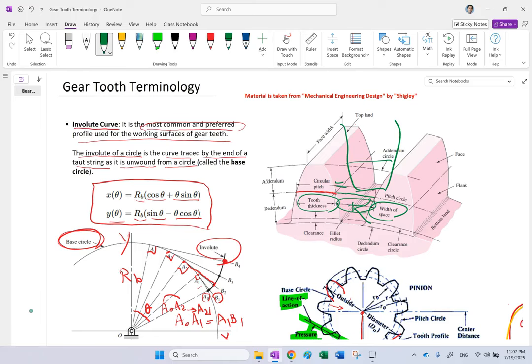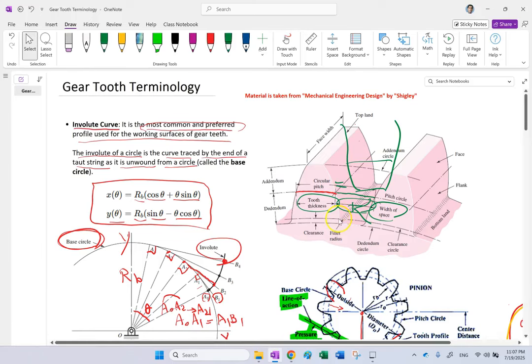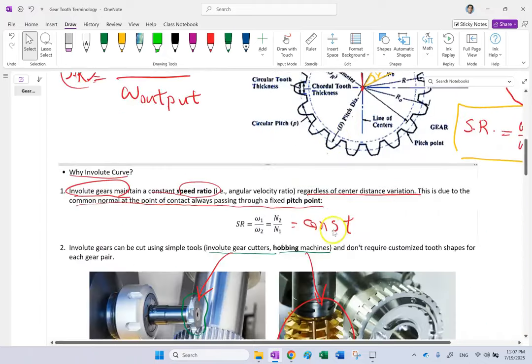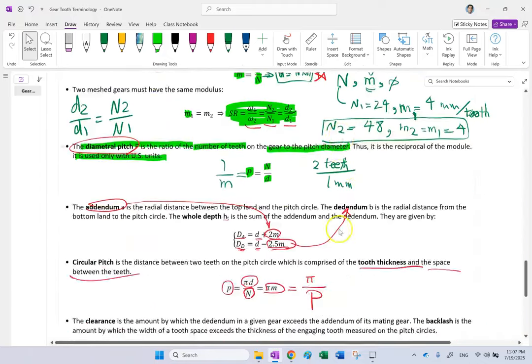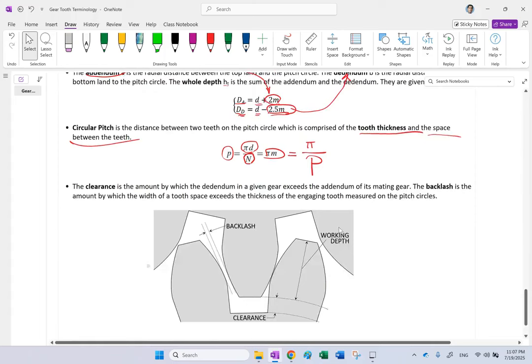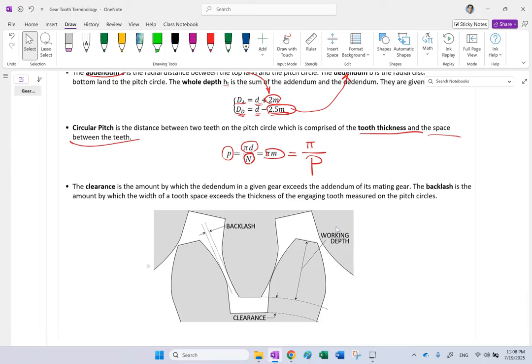So the thickness should be a little bit less than space, otherwise the two teeth will jam and they will not be able to engage. And this difference between the space and the tooth thickness is called backlash.